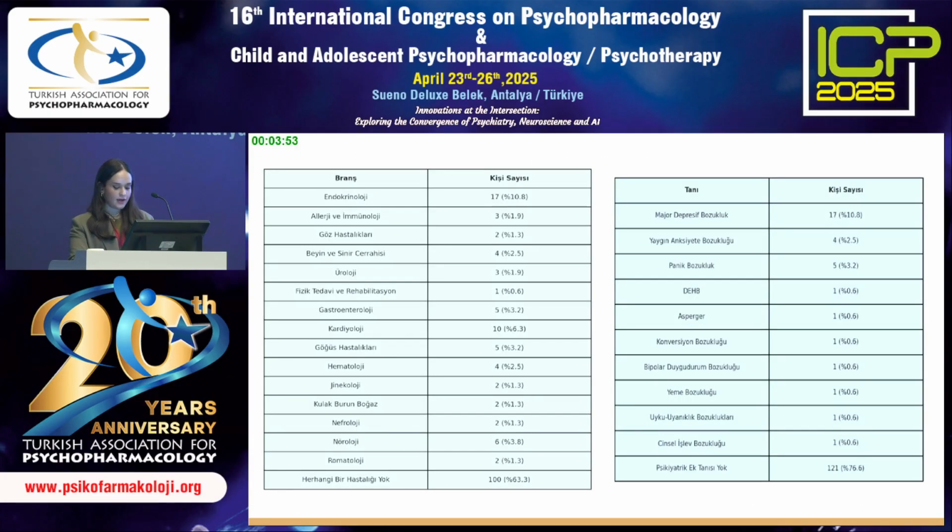We also checked out other diseases that these patients had. We saw that endocrinological diseases were around 10.8%, and also they were diagnosed with other mental diseases.